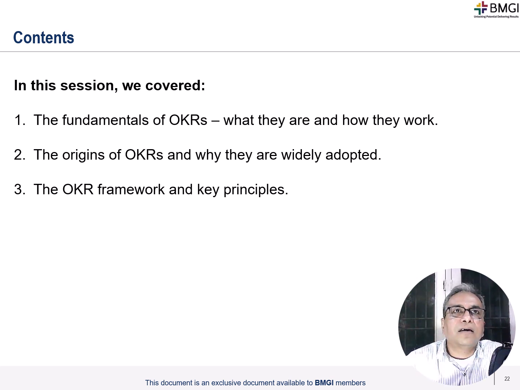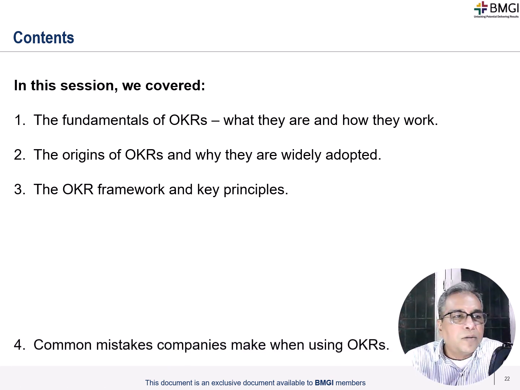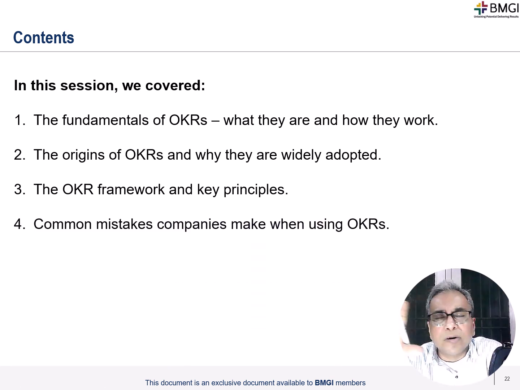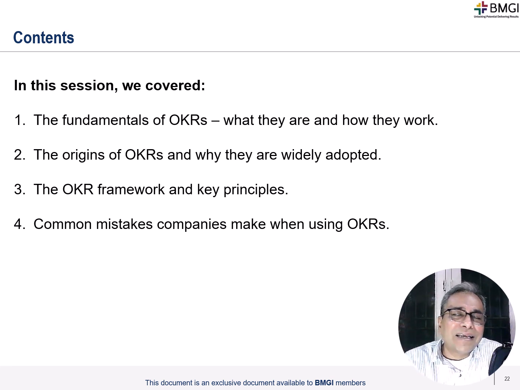So essentially, an objective has to be actionable, it has to be inspirational, and it has to be time bound, as we learned. And key results are like SMART goals, so they have to be interconnected, and then they have to cascade. So leadership has to make sure that the review and governance happens. We spoke about that.